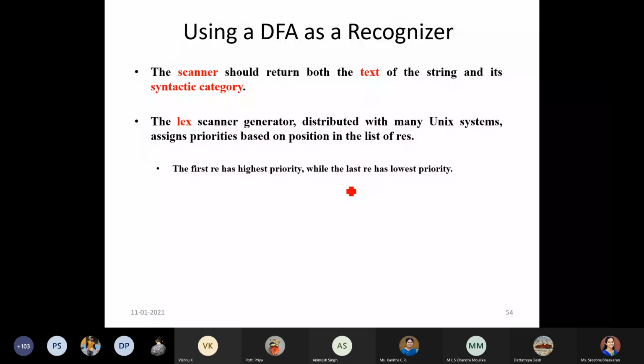For example, you will have some set of regular expressions which should satisfy keywords, and some for identifiers. So how are the expressions getting executed?